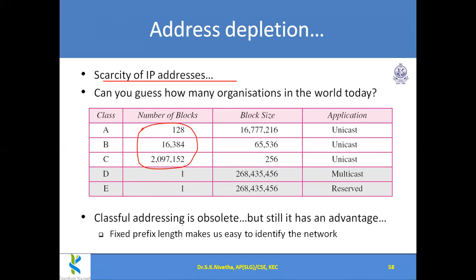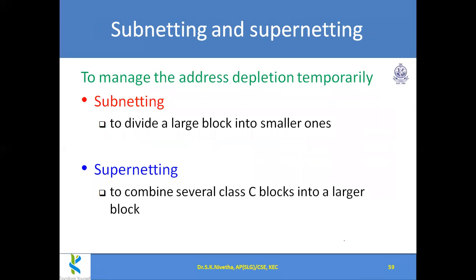Classful addressing is obsolete, but the classless is derived from it. The advantage here is that the fixed prefix length makes it easy to identify the network. Simply by seeing the IP address, we could say which block, which class it belongs to. Everything we can identify.